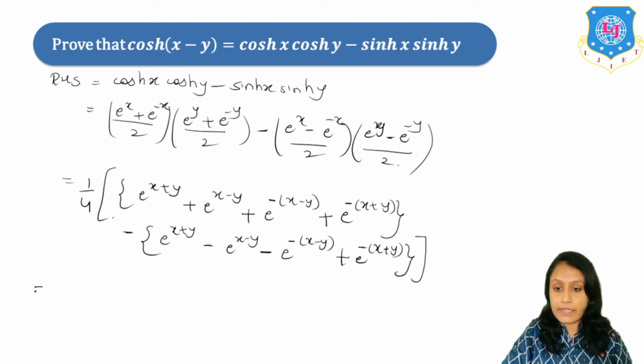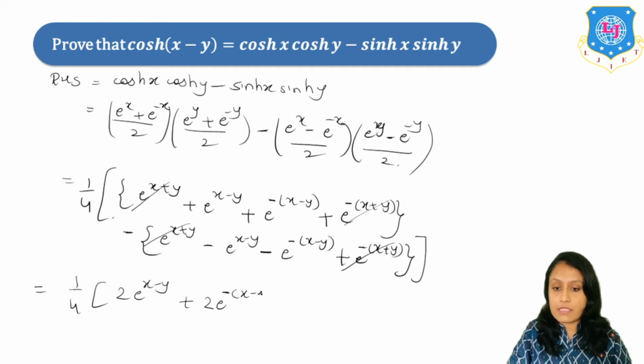Now open the bracket. If you open the bracket, these two terms will get cancelled, right? And these two terms will get cancelled. What remains is e raised to x minus y, and minus minus plus, so we have 2 times e raised to x minus y, and again this minus and minus will become plus, so we have 2 times e raised to minus x minus y.